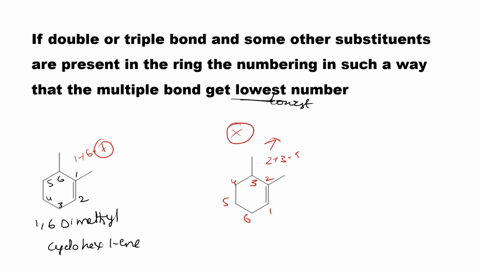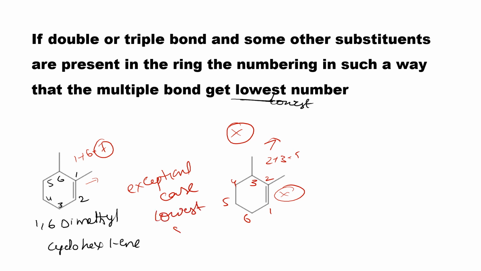Why? Because here the double bond numbering should be like this only. Here it is a more substituted double bond, and the more substituted double bond should get more priority than this one. So the numbering should not be like this. It is an exceptional case in the lowest sum rule.